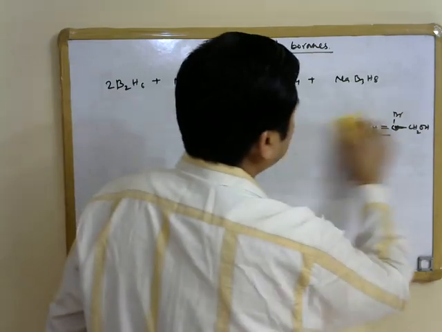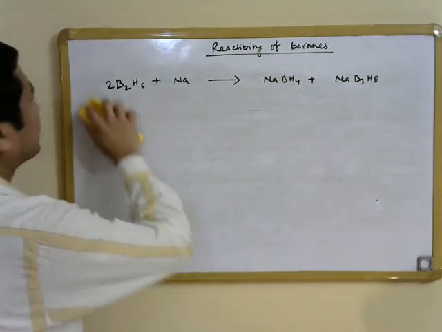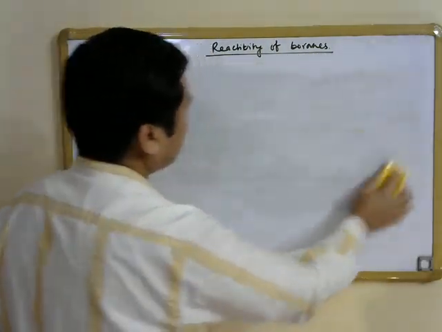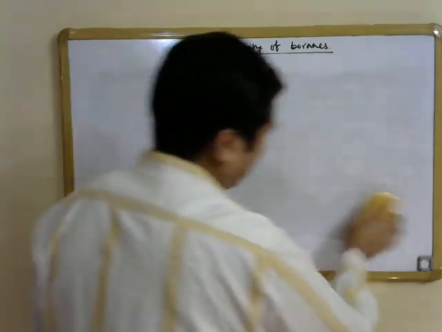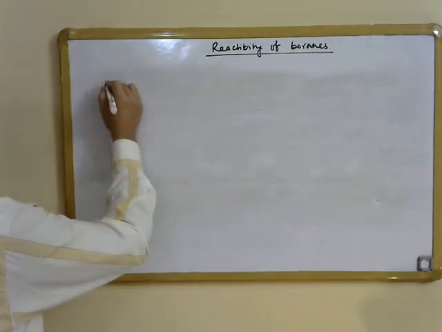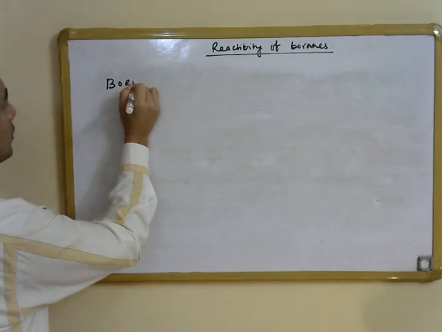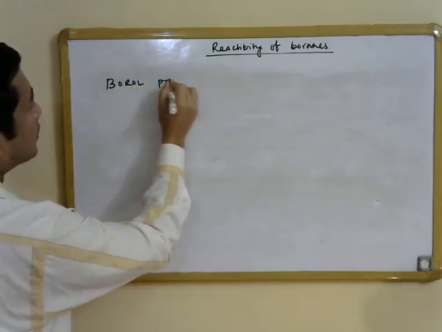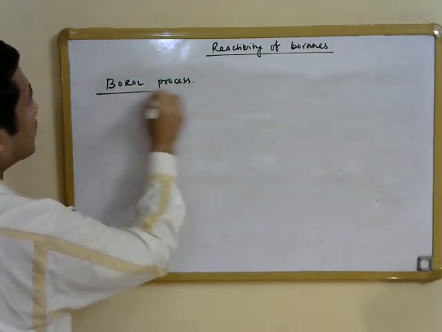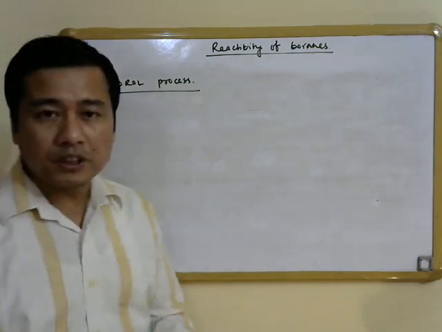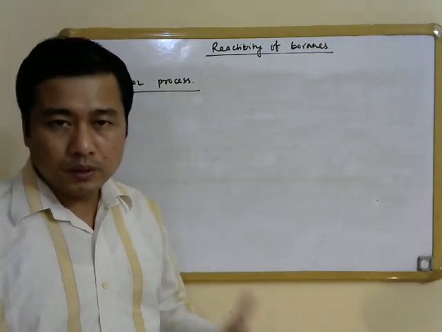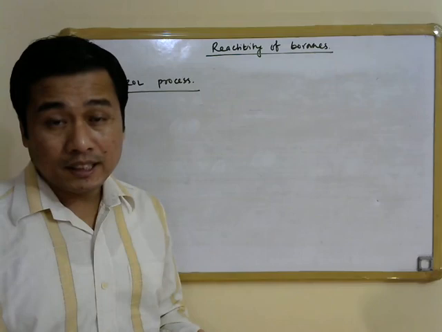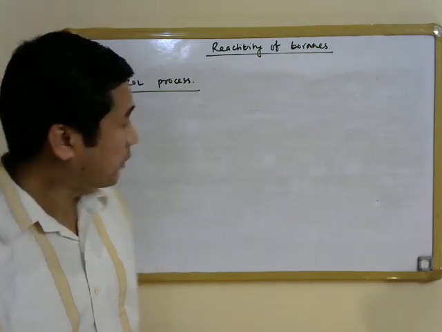Now there is another very important application of sodium borohydride in industry, and that is known as the Borol process, which essentially involves bleaching of wood pulp during the manufacturing of paper.